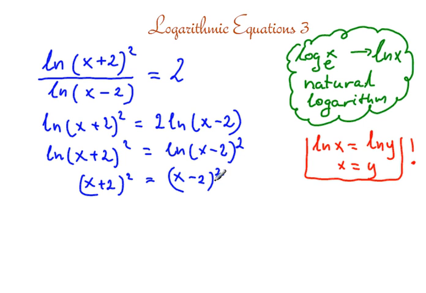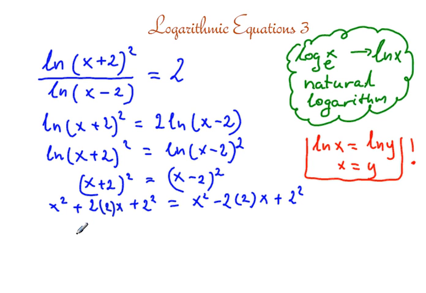We have to now solve this quadratic equation. Let us expand the left side. So x squared plus 2 times x times 2, that's the binomial expansion, plus 2 squared, equals x squared minus 2 times x times 2 plus negative 2 squared, which is 4. Now we can observe the following.